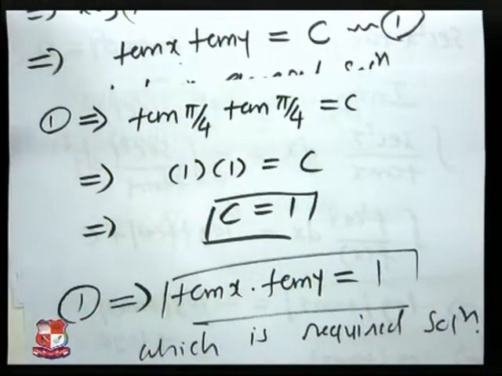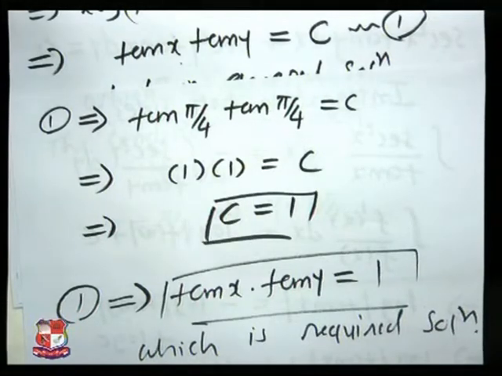Okay, so in this way we can solve the differential equation with the use of the given condition. Note one thing: when any condition is given, using that condition we can find the value of the arbitrary constant, and by putting the value of the arbitrary constant in the general solution we will get the particular solution of the given differential equation.